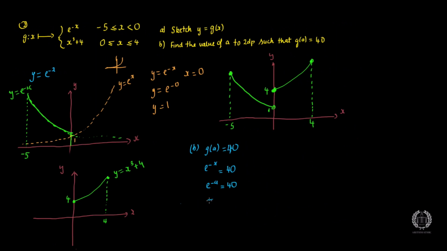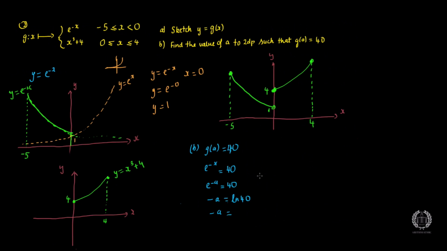So to get rid of the e, now you're going to have ln 40, because that's the opposite of the exponential, right? So if you do ln 40, I'm not sure what ln 40 is. So you have minus a equals, if you put ln 40 in your calculator, 3.688.